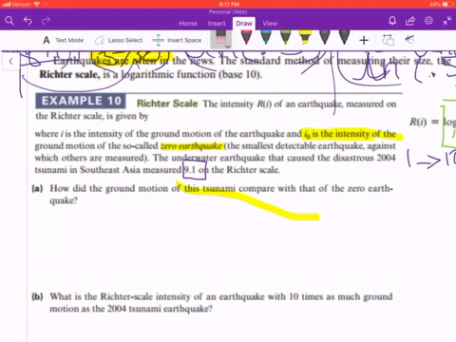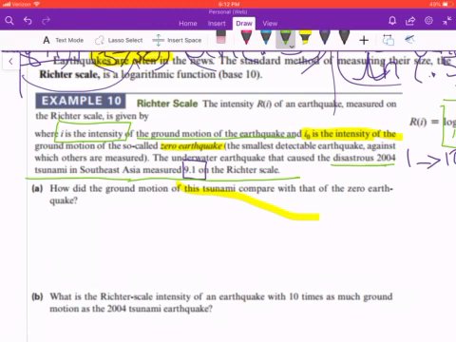It was the underwater earthquake that caused the disastrous 2004 tsunami in Southeast Asia, measured 9.1 on the Richter scale. So here, I by itself stands for the intensity of the ground motion of the earthquake.